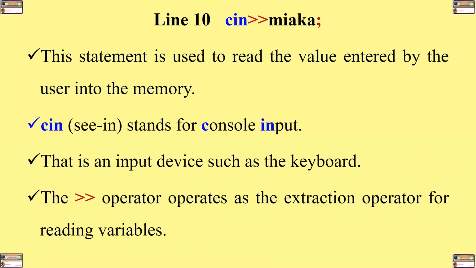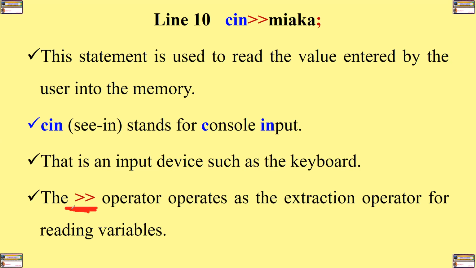Or in other words, let me rephrase my statement. I am saying that this pair of greater than sign symbols, in mathematics, this is the greater than sign. But a pair of greater than signs, two of them, we don't call them greater than signs or symbols in C++. When you write them this way, this is treated as a single operator.